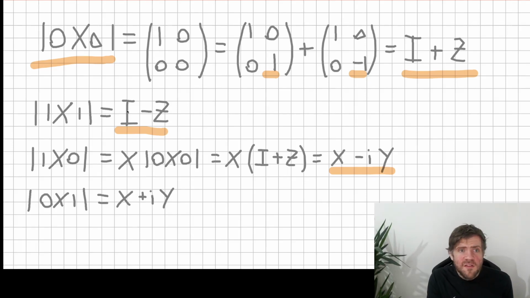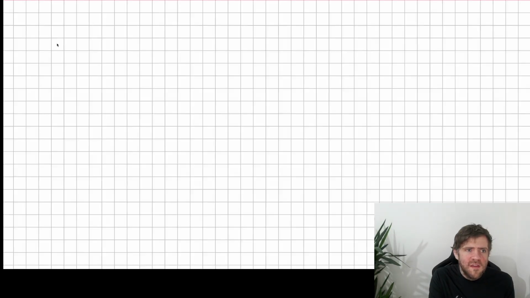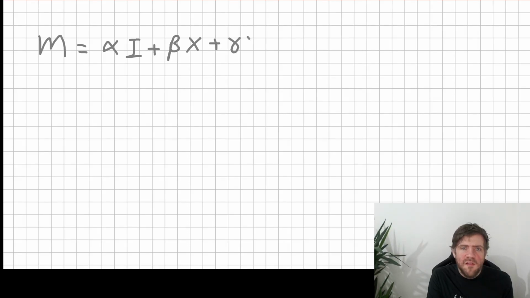And so using these relations, we can write any general matrix down as some alpha times the identity plus some beta times X plus some gamma times Y plus some delta times Z. And the reason I'm not using a, b, c, and d as before is that these aren't going to be the same numbers as the a, b, c, and d, because these aren't the matrices that single out single elements, but there is a relationship between those numbers.